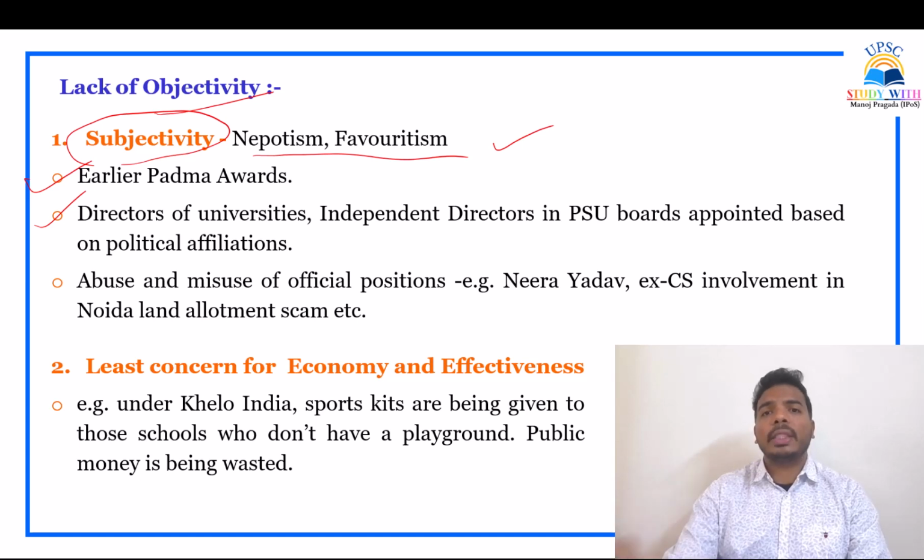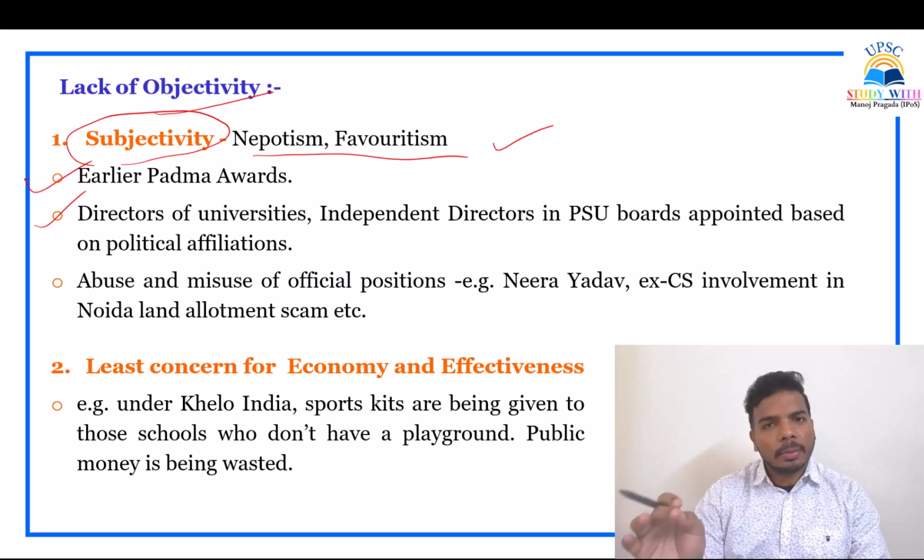There should be objective criteria. But sadly, there is none, and if you are affiliated with a particular political party, you will be made an independent director in a PSU board, or a vice chancellor of a particular university, or a registrar of a certain university, and so on.